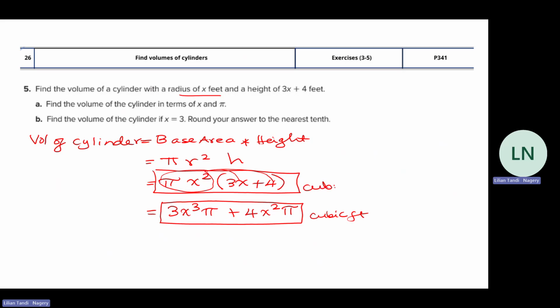And here, cubic feet. All right, then we want to find the volume when x is 3. So this will be 3 parentheses 3 cubed pi plus 4 parentheses 3 squared pi. Okay, then this is 27 times 3.